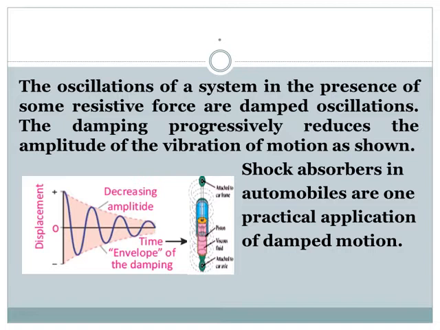So whenever a car moves over a jump or a bump on the road, these shock absorbers actually absorb the shock and convert the energy of the vibration into the heat energy of the fluid or the liquid.